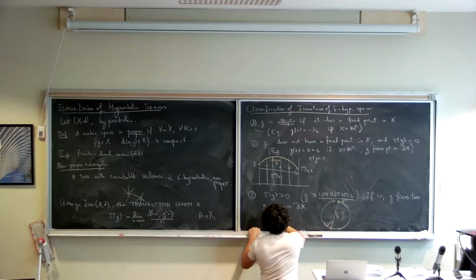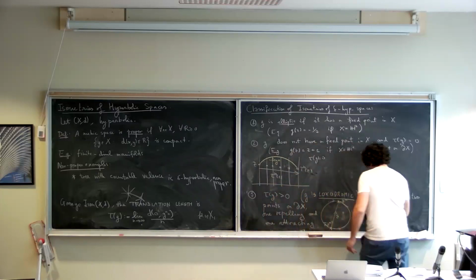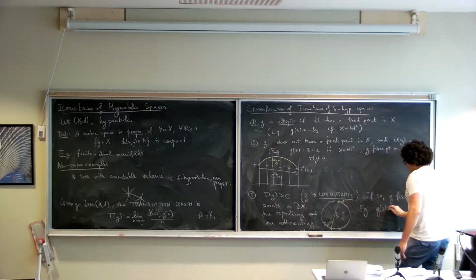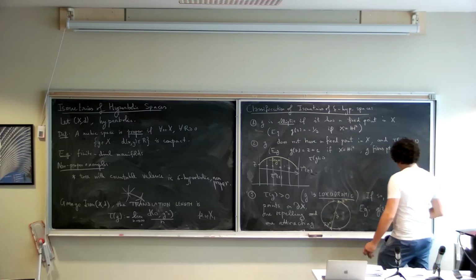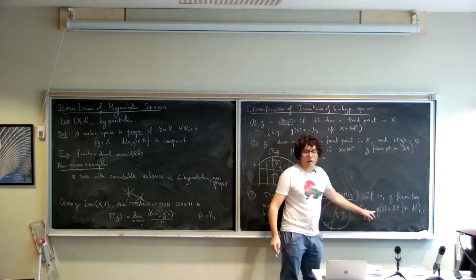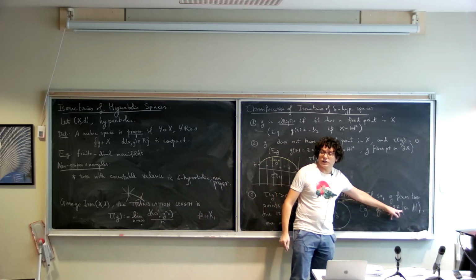So one repelling and one attracting. The classical case here would be, as I said, G of Z equals 2Z on H. So 0 would be repelling, and infinity would be attracting.